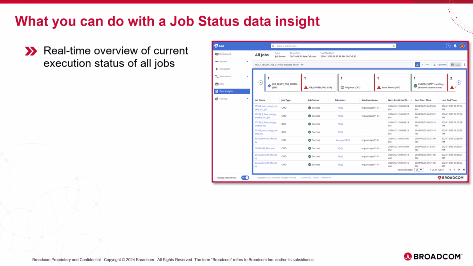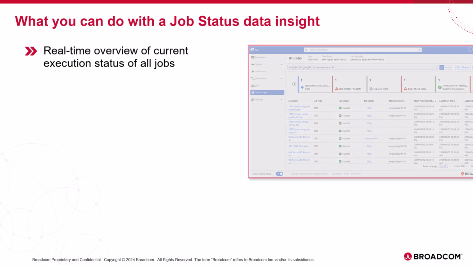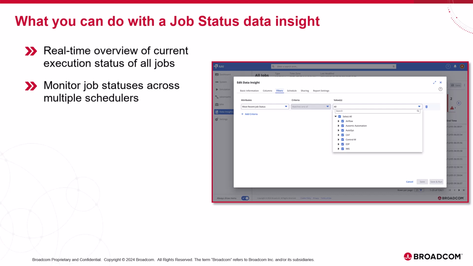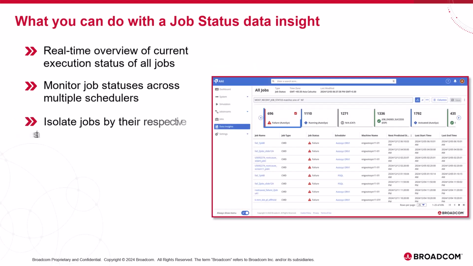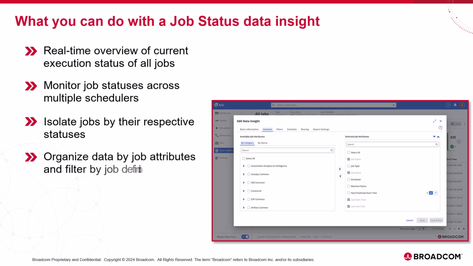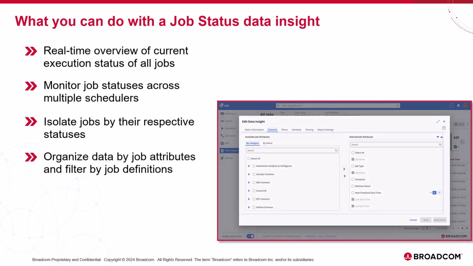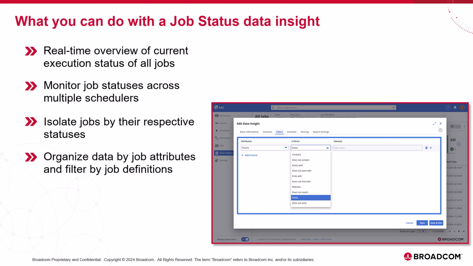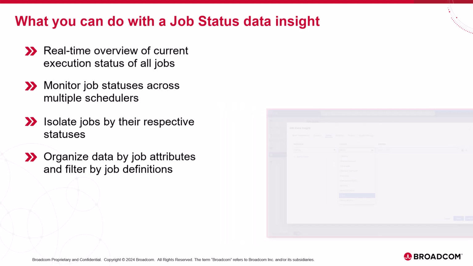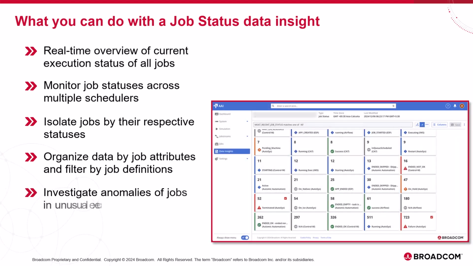With a job status data insight, you can monitor job statuses across multiple schedulers, isolate jobs by their respective statuses for focused analyses, organize your data by specific job attributes, and filter by job definitions, and investigate anomalies by drilling down on jobs in unusual execution states.